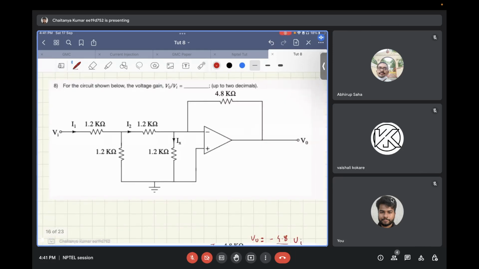Now in this circuit, you need to find out the gain from input to output terminal.